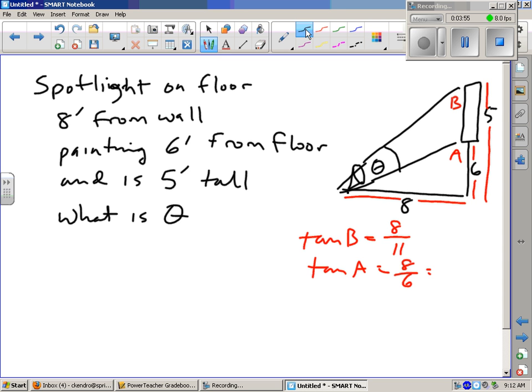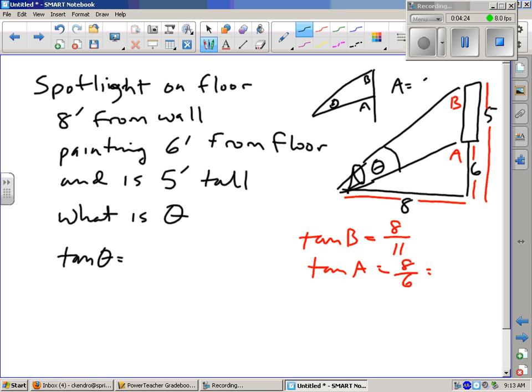So now this angle, what is the tangent of theta? Tangent of theta, this angle out here. In geometry, if I draw this up here, this is still A, this is still B, and this is theta. You learned that this exterior angle A is equal to theta and B added together.